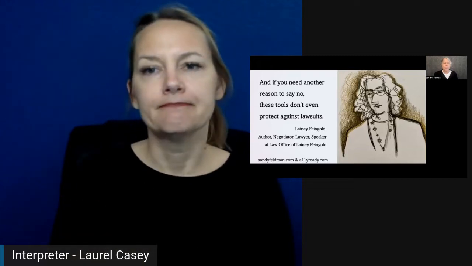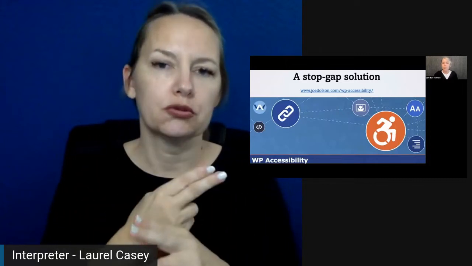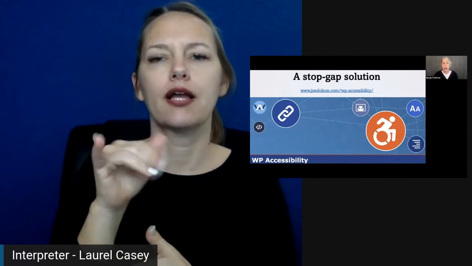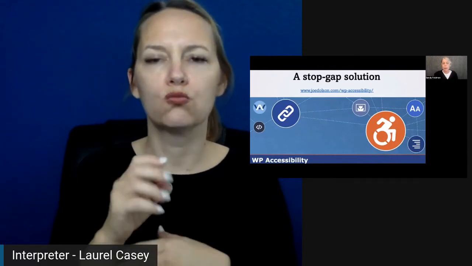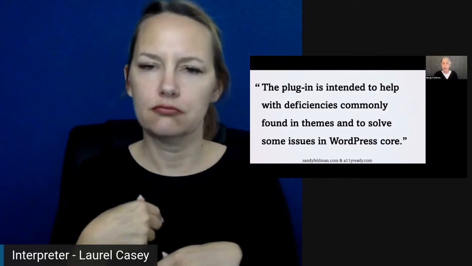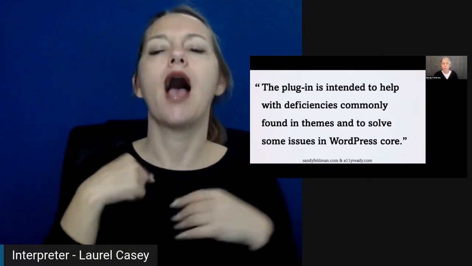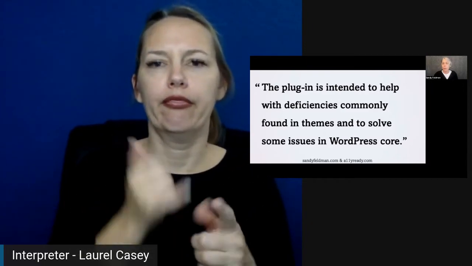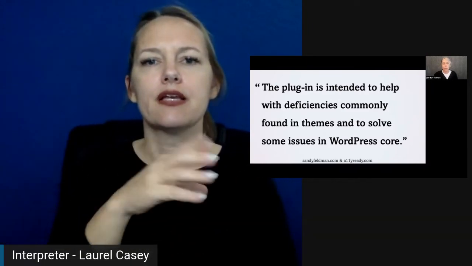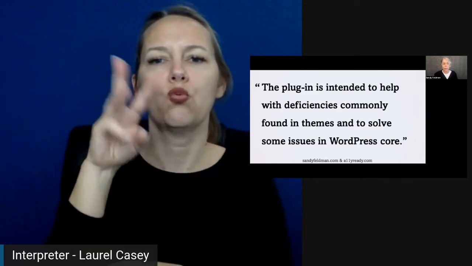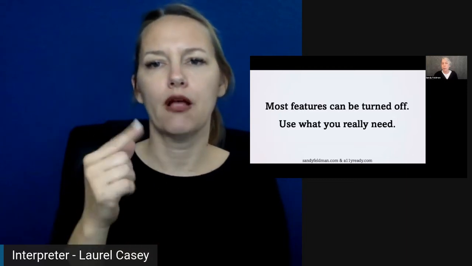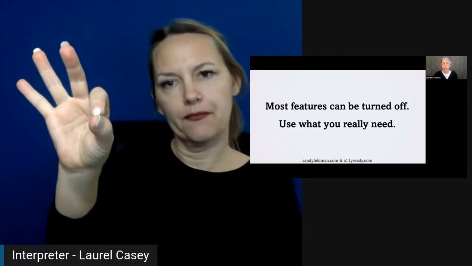There is a stopgap solution you can use if you're using WordPress. And that is a plugin by Joe Dolson, and it's called WP-accessibility. And I'm quoting Joe here. The plugin is intended to help with deficiencies commonly found in themes and to solve some issues in WordPress core. So most of the plugins featured can be turned off, so you just use what you really need.